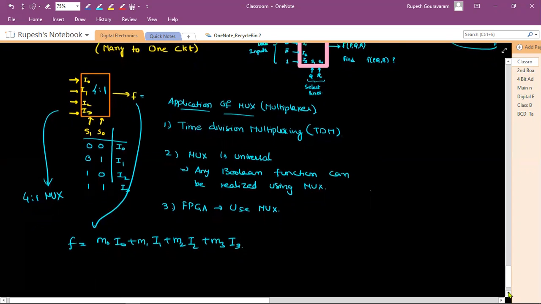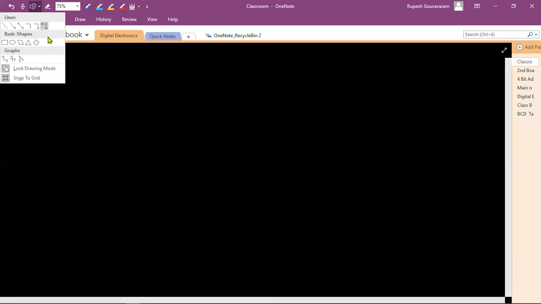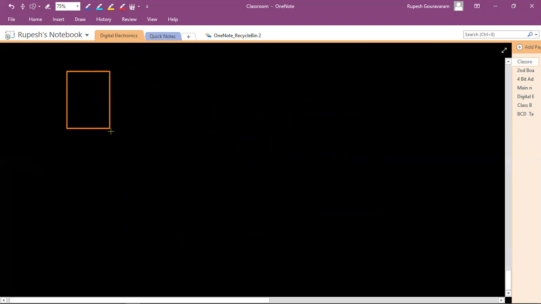Similarly, if it's a 2 is to 1 mux, then there will be two inputs, right? I0 and I1, and there will be two select lines, S1 and S0. Sorry.